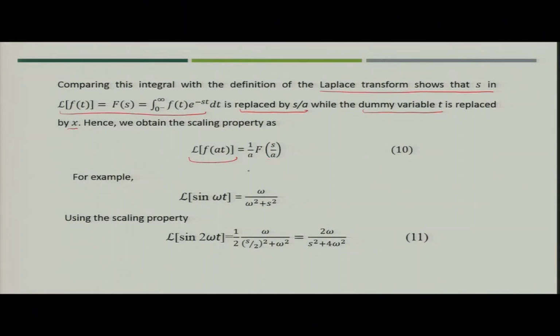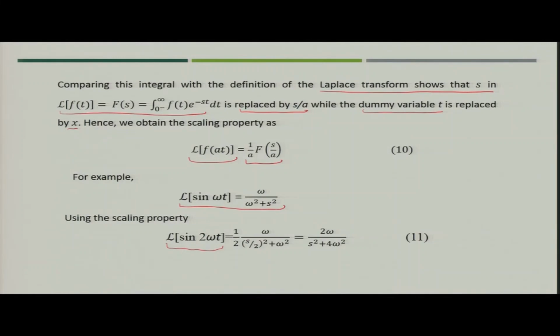So, if you use this particular condition, since you know that the Laplace of sin omega t is omega upon s square plus omega square, then Laplace of sin of 2 omega t can be given, by using this equation, as 1 by 2 omega upon, instead of s you will write s by a, where a is 2 here.